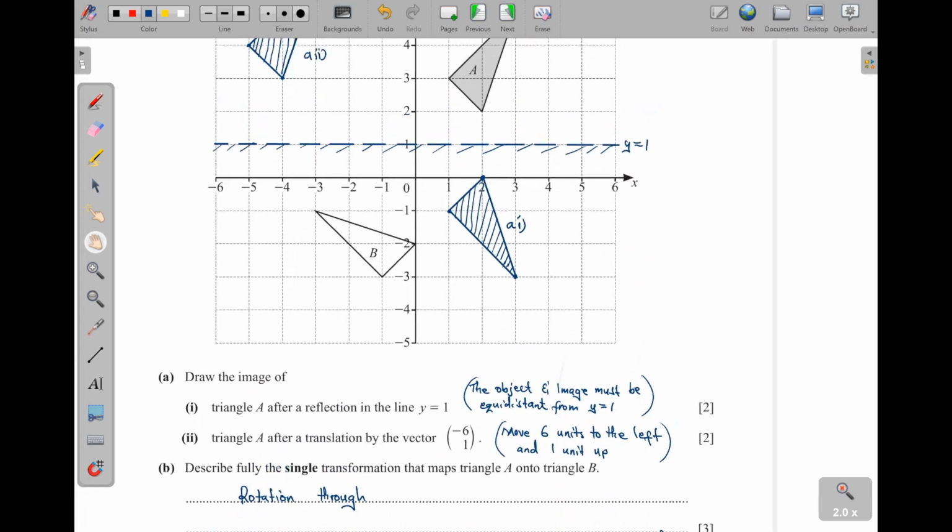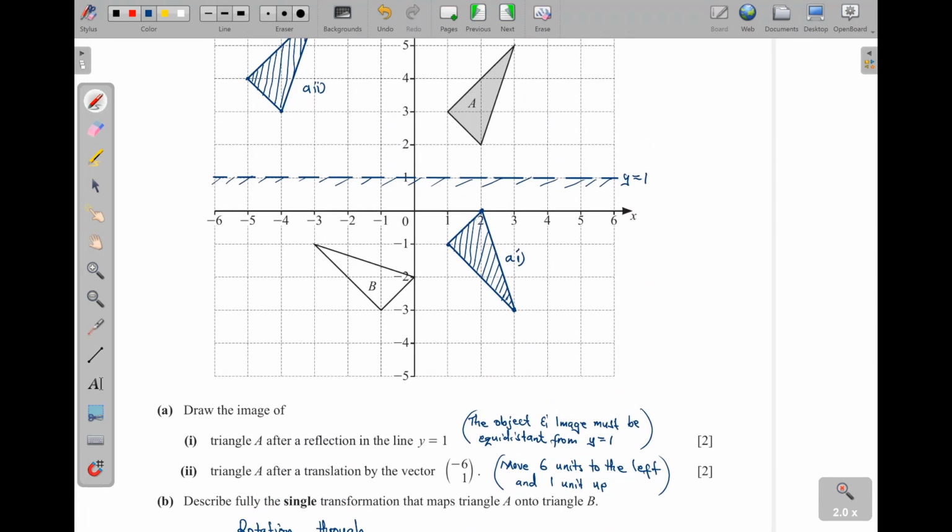So I'm going to get right from here, you can see that this point here corresponds to this one, so I can connect those. Then let me actually make it a little bit dotted, just like that. Then get your compass.